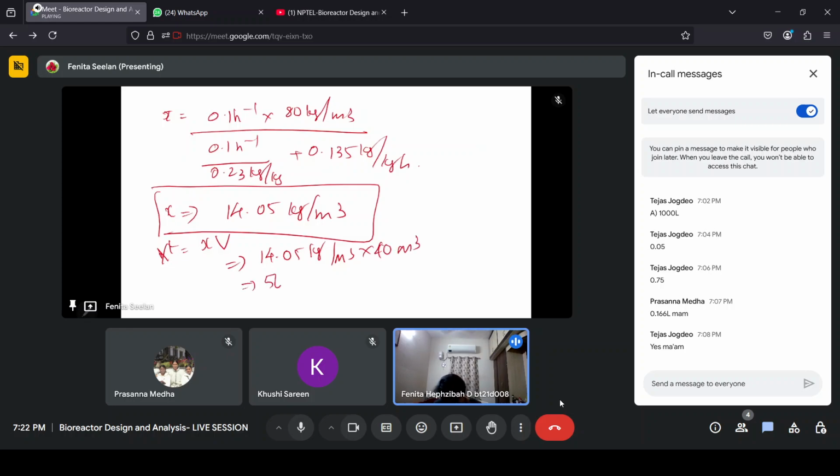If we do so, it will be coming around 14.05 into 40 m³, so it is 562 kg of biomass.